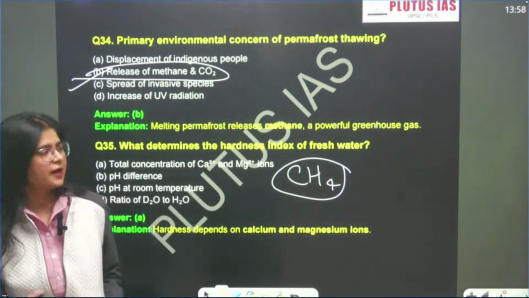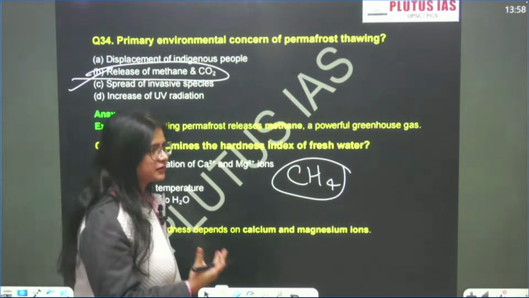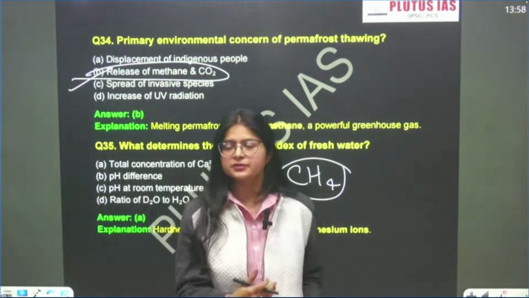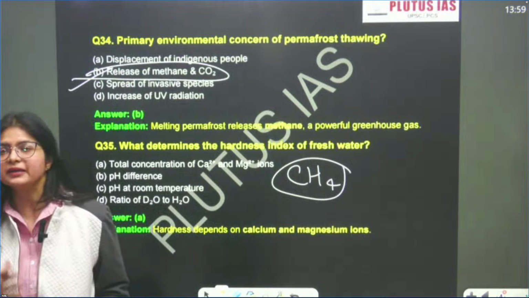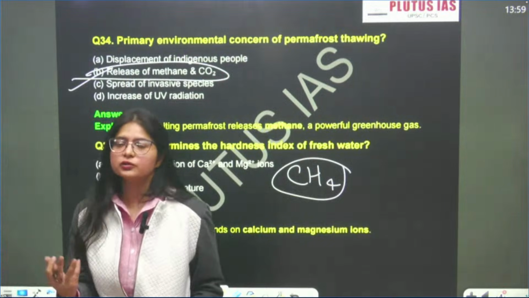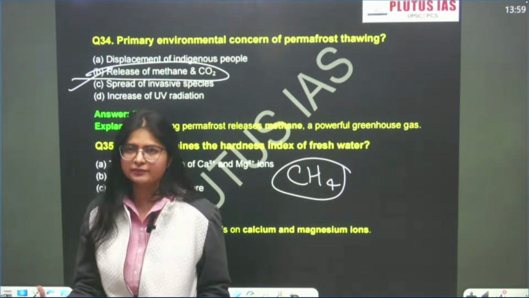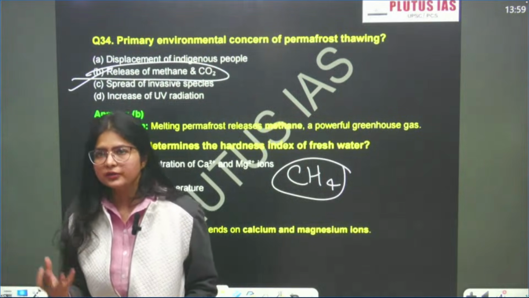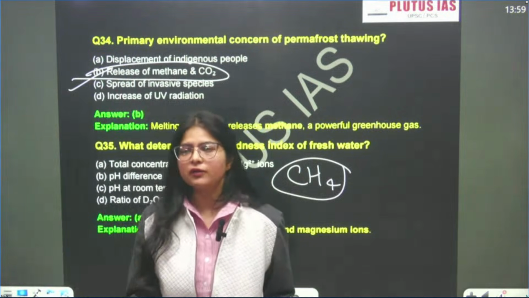Now methane release and carbon dioxide, they both are extremely important gases. Why? Because obviously CO2 is required for survival, but if there is too much CO2, it will lead to a rise in temperature, and that's why we have different kinds of agreements like the Paris Agreement, to keep a cap on the release of CO2.